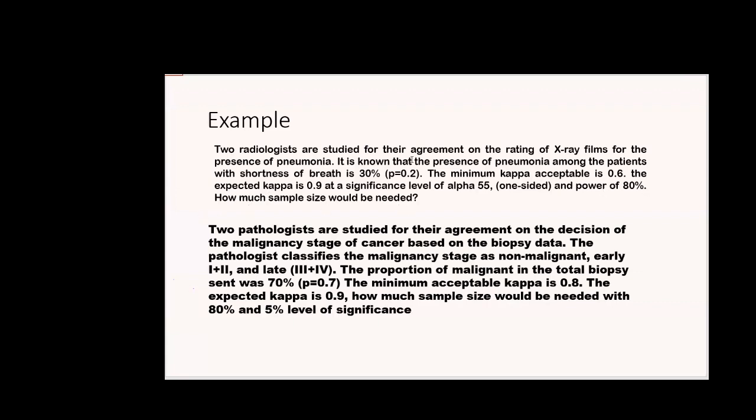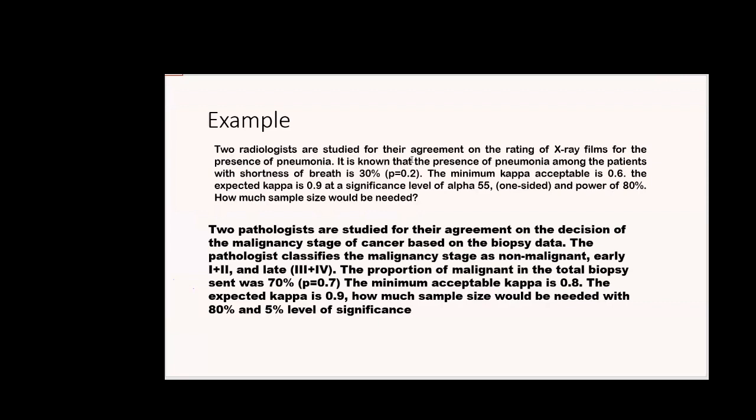In that case, patients who have shortness of breath are sent for X-ray to find out whether pneumonia is there, and that is assessed by the two radiologists. We are finding whether the two radiologists agree on pneumonia or not. This is our question.